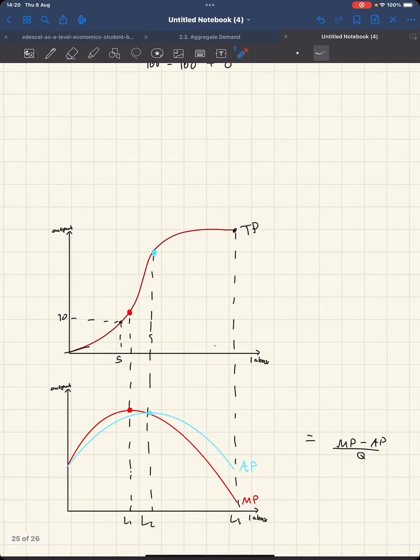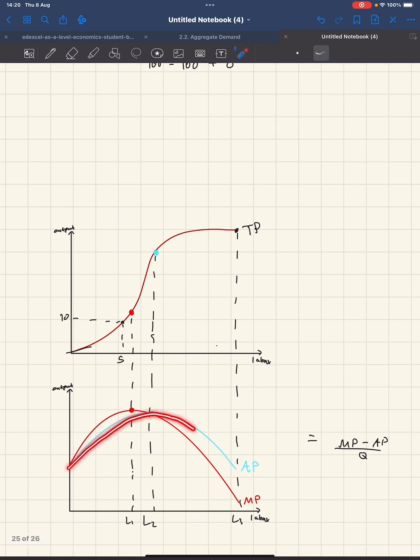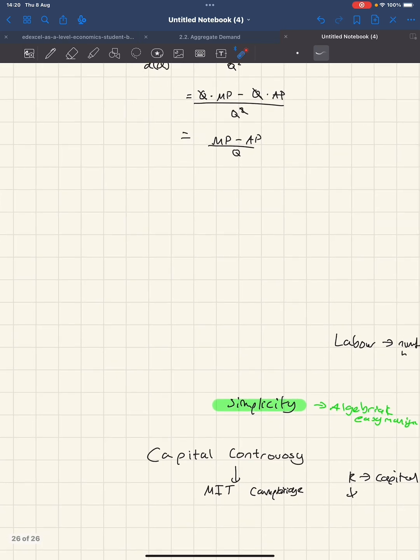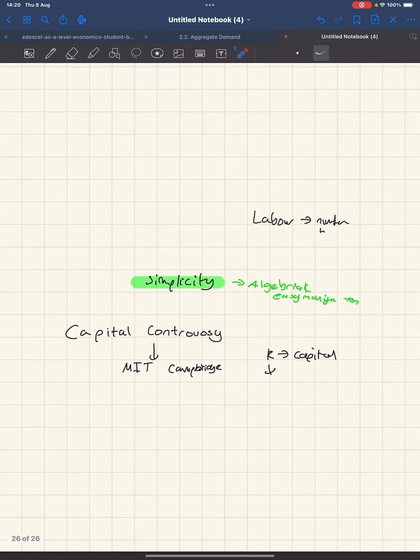Our average product is increasing, as you can see here. But as soon as our marginal product is smaller than our average product, our function starts to decrease. So that's exactly what this graph is saying. We can prove it like that.